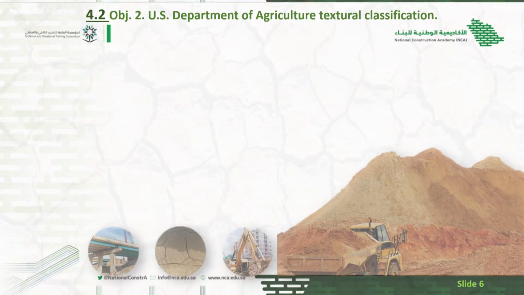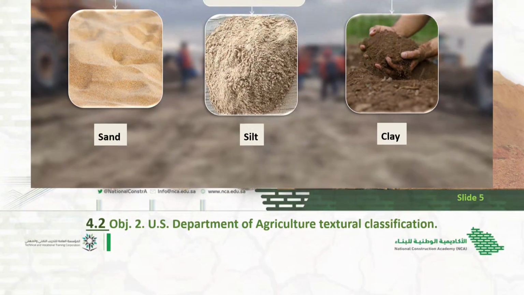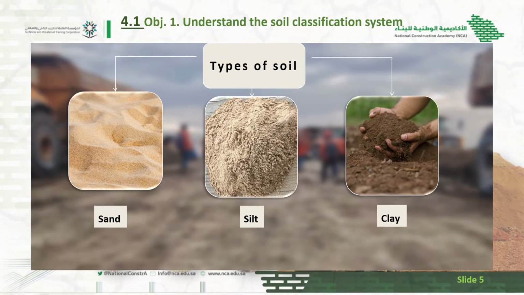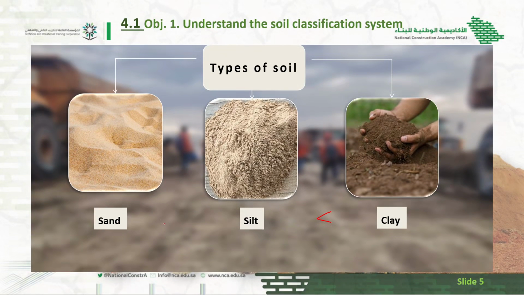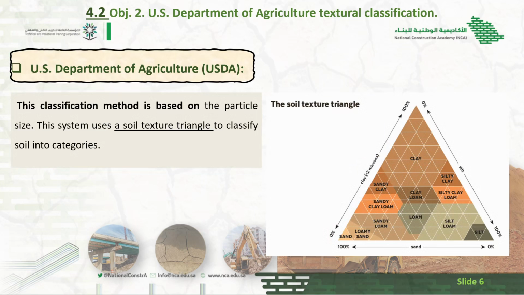With respect to size, sand is bigger than silt, and silt is bigger than clay. We can discuss it in very detail. So now we are going to discuss each of these one by one.